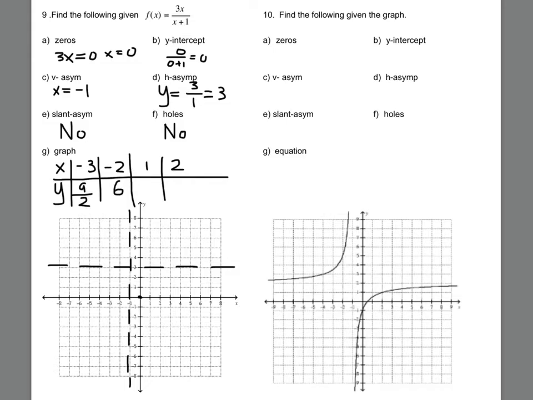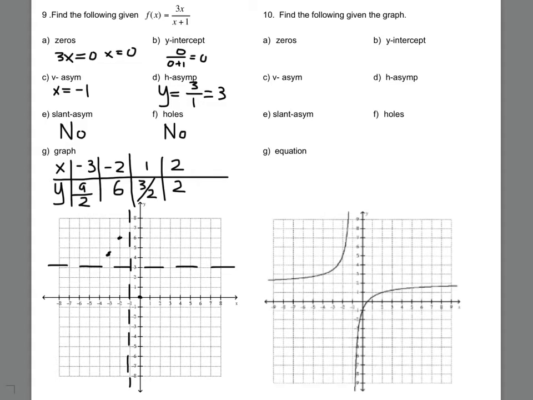When x equals -2, y is 6. When x equals 1, y is 3/2. When x equals 2, y is 2. So put these points on your graph. X equals -3, y is 4.5. When x equals -2, y is 6.